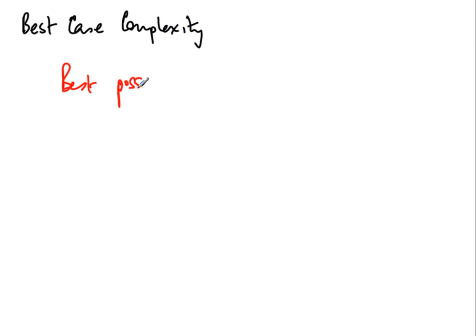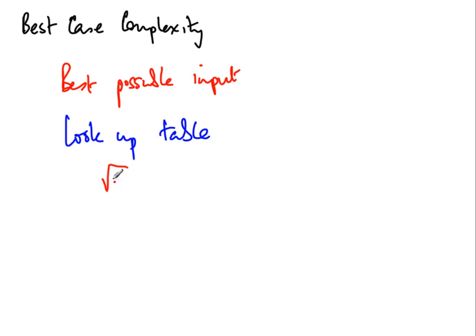Another possibility, of course, is to be optimistic. So we can do this thing called best case complexity. Like in the previous example, we can look at the best possible input. But of course, this is in some sense not at all sensible. For instance, we could just fix this by having a lookup table. Supposing we have an algorithm for square root, so the algorithm is the square root of n.